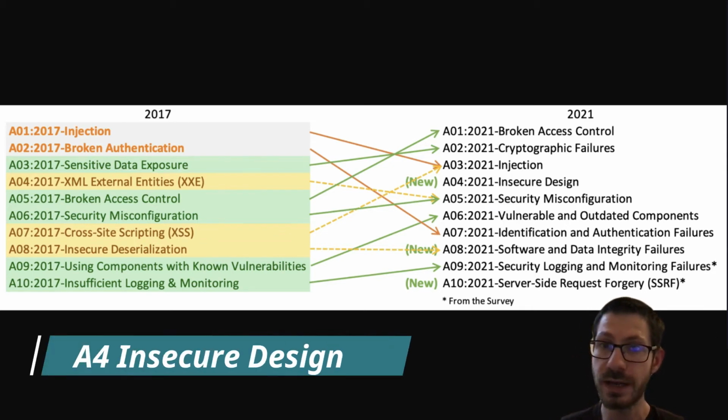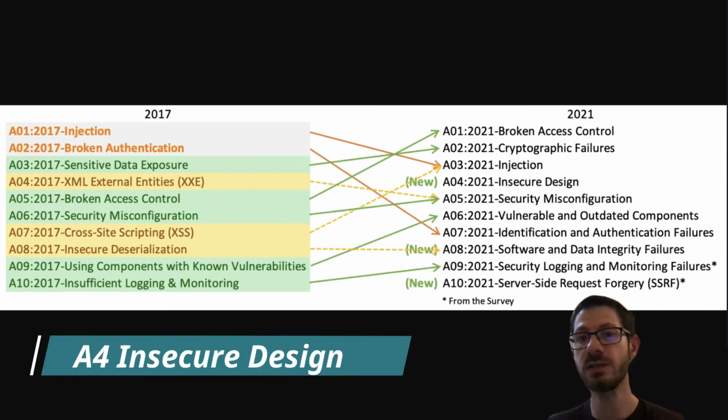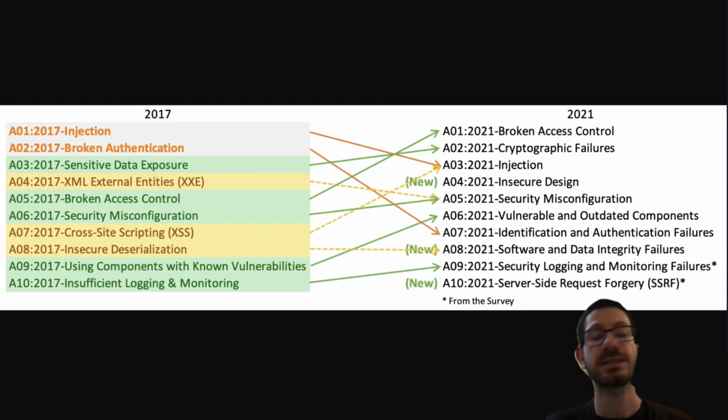Then we have a new category, which is insecure design. In the last few years, it's impossible, when talking about application security and web application security, not to have heard of shifting left, which is taking security into account as soon as possible in the software development life cycle.